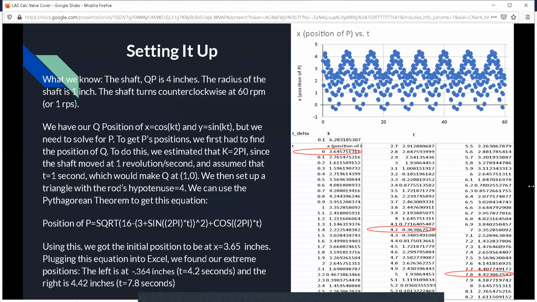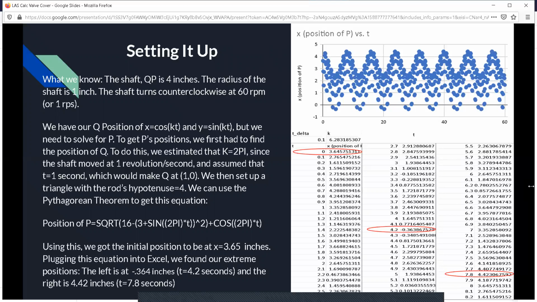The position of P is equal to the square root of 16 minus (3 plus sine 2 pi t) squared plus cosine of 2 pi t. Using this, we got the initial position to be at x equals 3.65 inches.